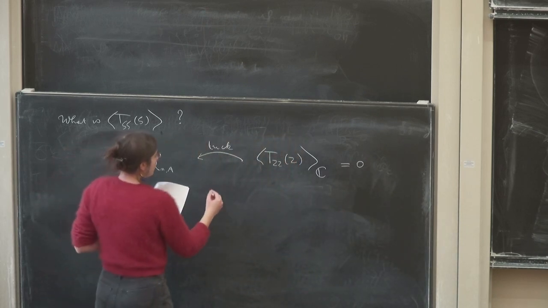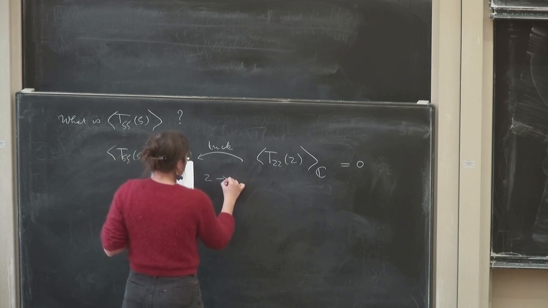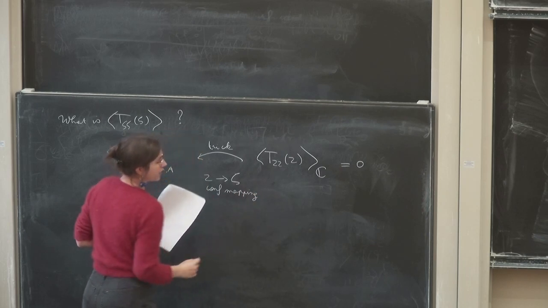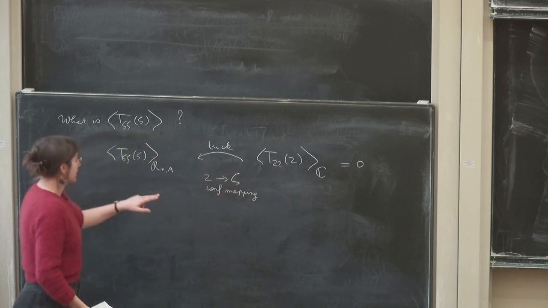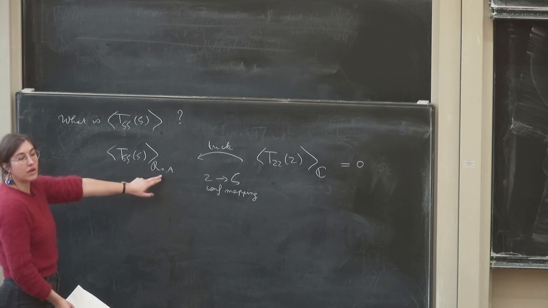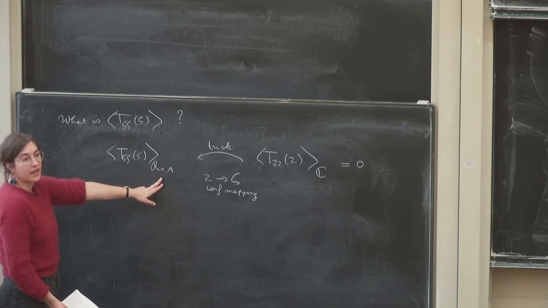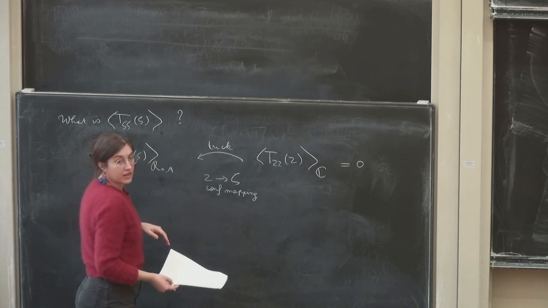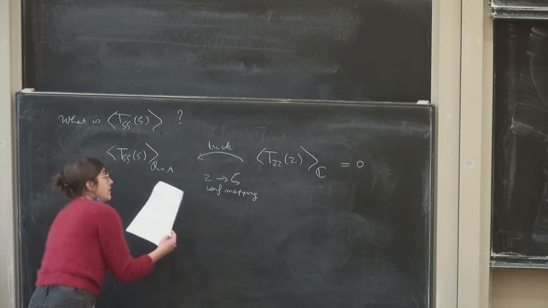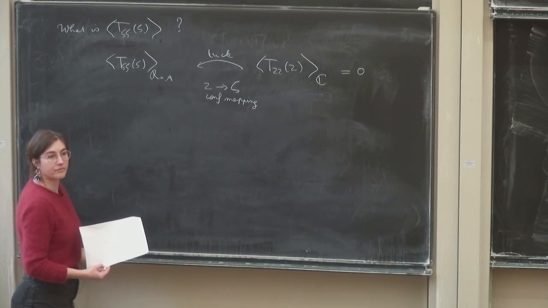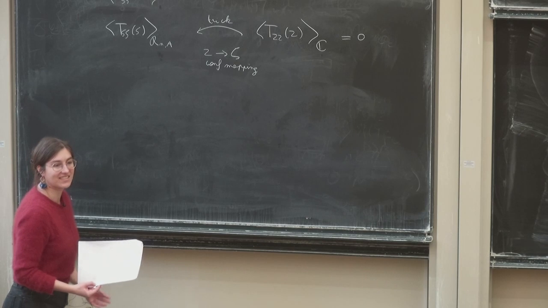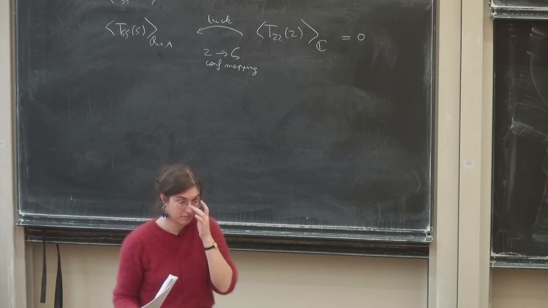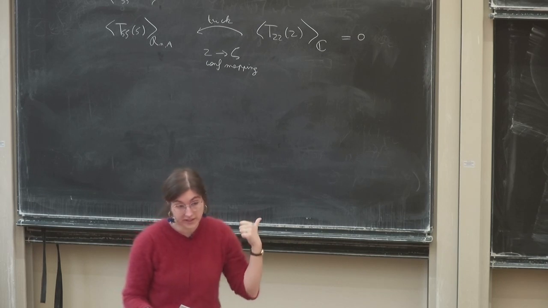So we can do the typical trick of finding a conformal mapping that takes us from the plane to this replica surface in this case, and use the transformation law of the stress tensor to find this object that we're looking for. Yes, question? Is it clear that something like this exists? Well, I will write it down, so yes.